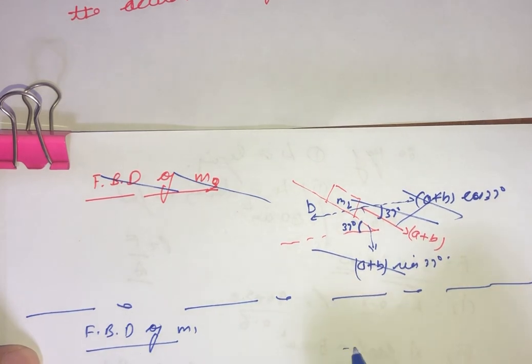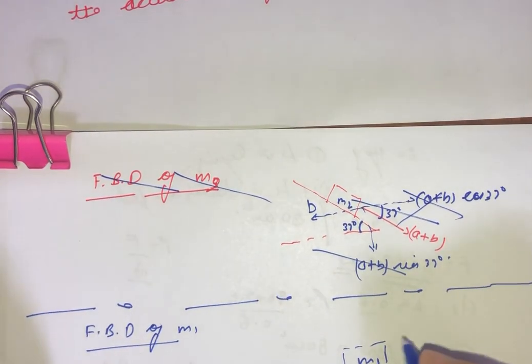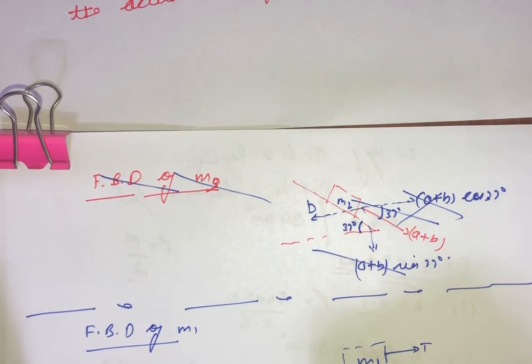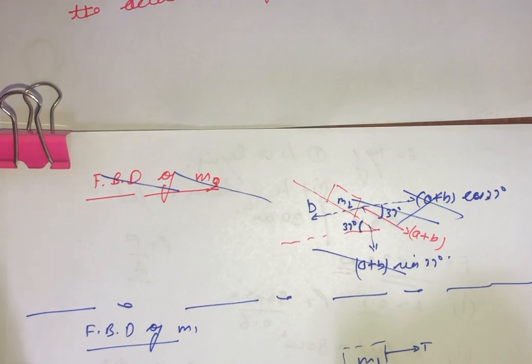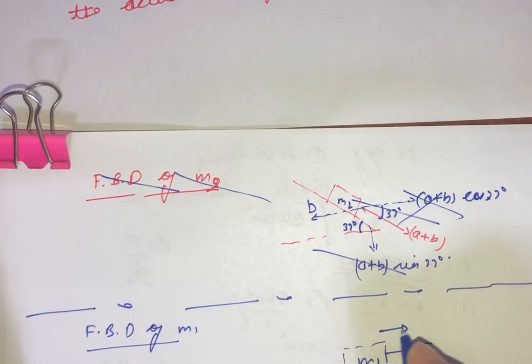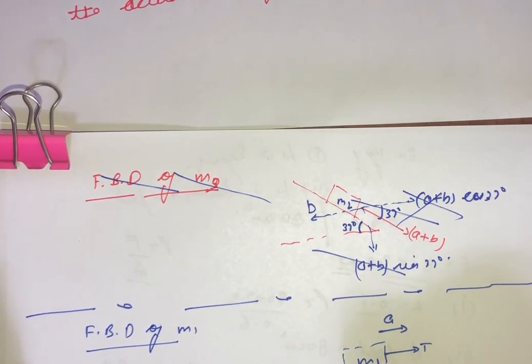So this is our mass M1. It will have a tension T and M1 g in the downward direction, and it is moving with acceleration A towards the right, and there will be a normal force from the surface acting in the upward direction.